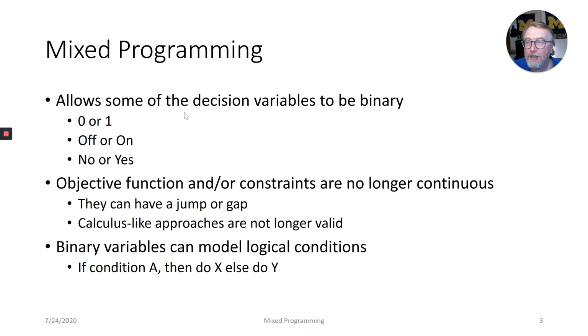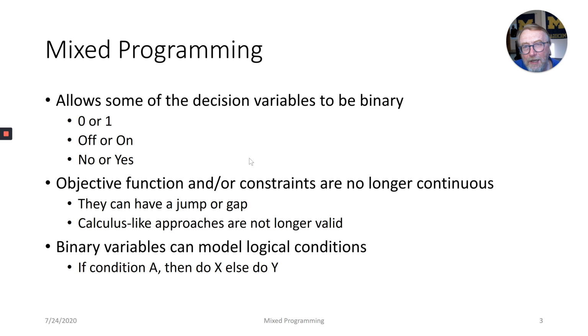It's much simpler if you have a continuous variable, because with binary variables your functions have jumps in them. And when you have a jump, you just have to find all possible combinations to see where that jump is and then evaluate it. Whereas with calculus, when you have continuous variables, you can say, hey, if I increase x by a little bit, I know that y will increase by a little bit. I don't have to worry about jumps.